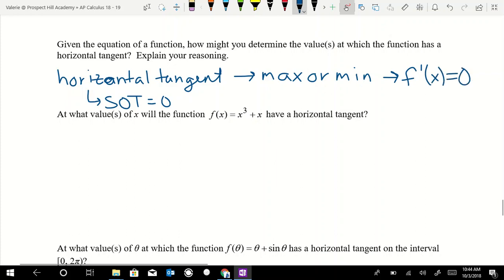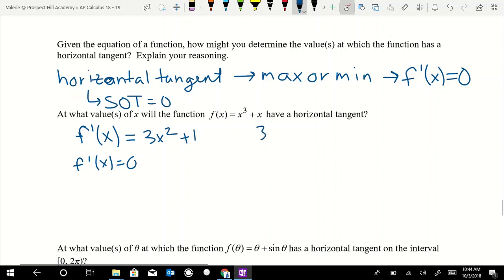So at what values of x will the function f of x equals x cubed plus x have a horizontal tangent? So in order to figure this out, we need to first figure out what is f prime of x. So f prime of x in this case is 3x squared plus 1. And we want f prime of x to equal 0.